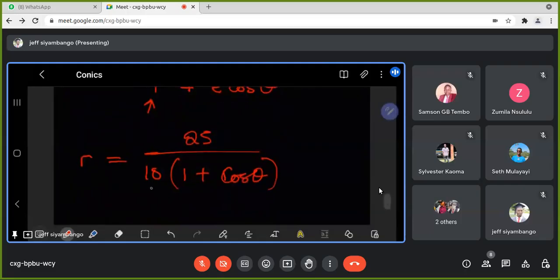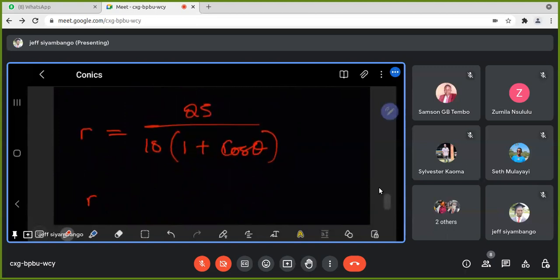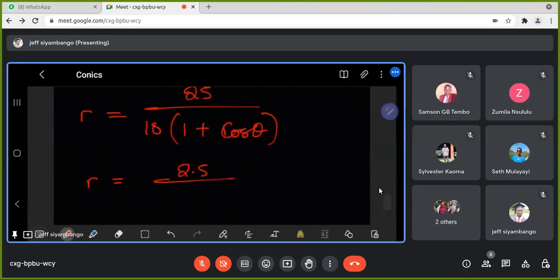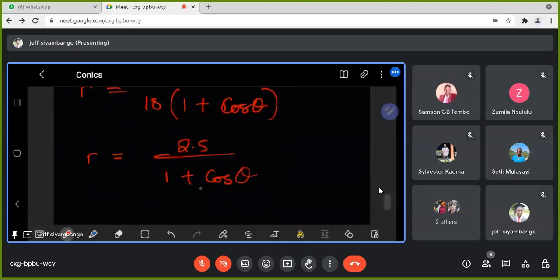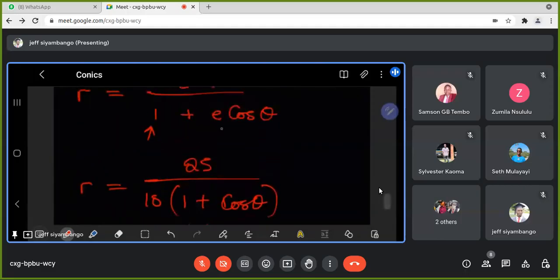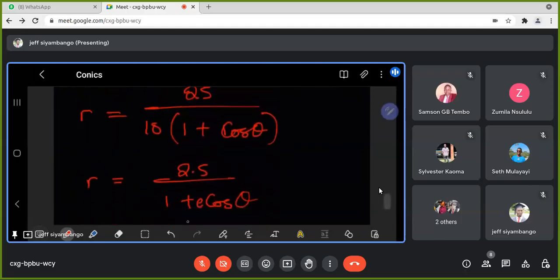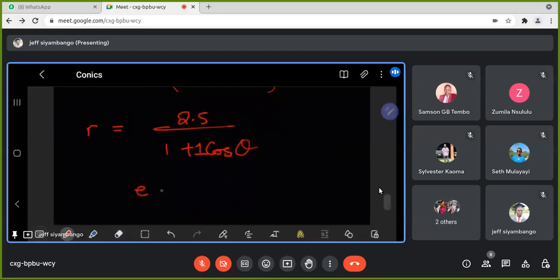Now the 10 cannot just remain hanging here. I'll divide it into my numerator so that R becomes 2.5 over 1 plus cos theta. Now, I should have an E here. In the original expression, we have E here. But when I look at this, the coefficient of cos is a 1. So this tells us that the eccentricity is just 1.